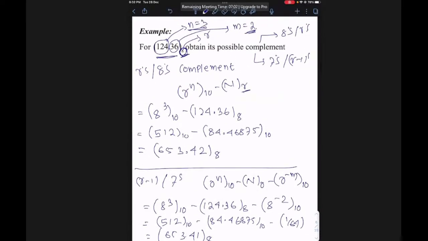So this is what the answer is. It is important to memorize this expression and this expression: what is r's complement and what is r minus 1's complement. You should definitely memorize this. Hopefully, this is clear.